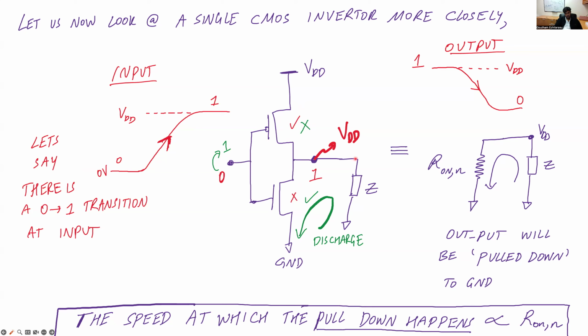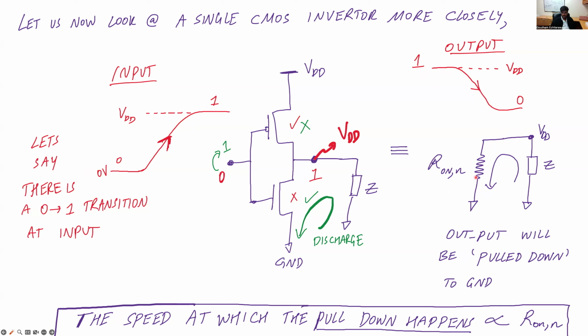Therefore, this node that was originally connected to VDD is now suddenly going to be connected to ground through the on resistance of the NMOS. So this is the equivalent circuit. The impedance Z, which was originally at VDD, is now going to be connected to ground through the on resistance of the NMOS. And therefore, the output node is now going to transition from VDD all the way to 0.